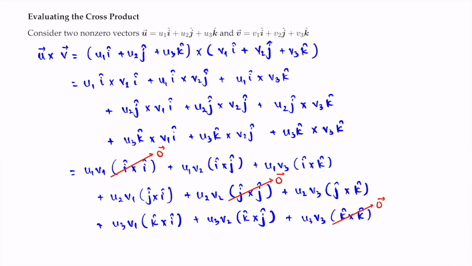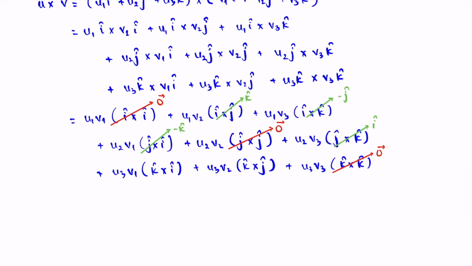We have i crosses with j gives you k, i crosses with k gives you negative j, j crosses with i gives you negative k, j crosses with k gives you positive i, k crosses with i gives you positive j, and k crosses with j gives you negative i.